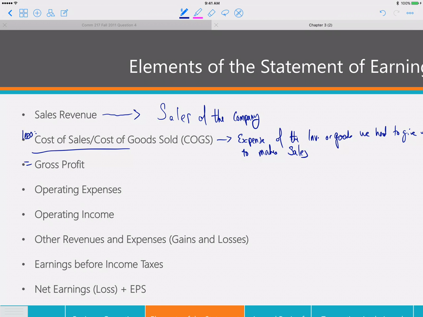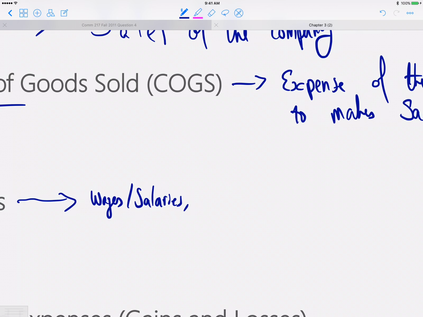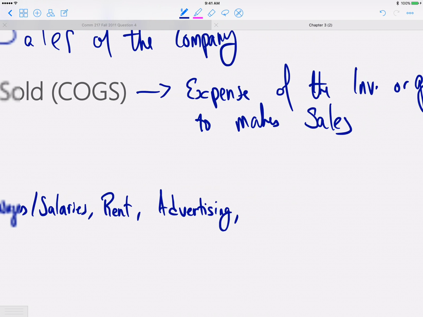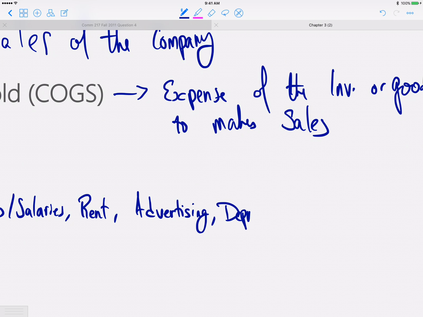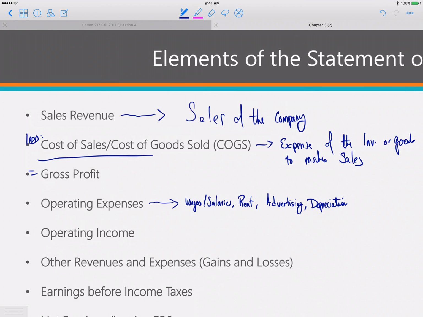We then have our operating expenses, and this can include stuff like our wages or salaries expense. It could include rent, advertising. It can include depreciation. It's basically all of the expenses that go into the day-to-day operations of the company.